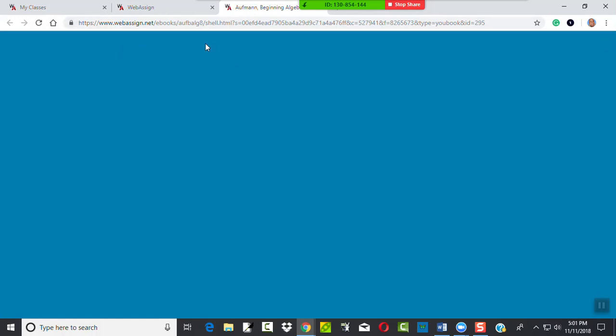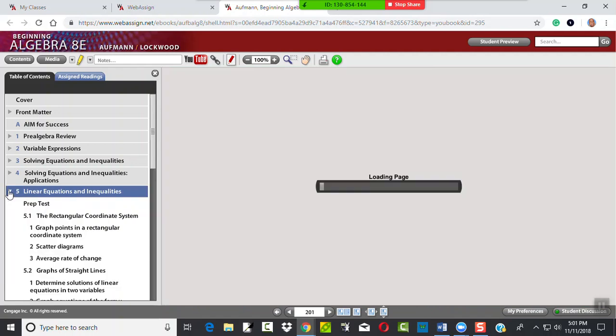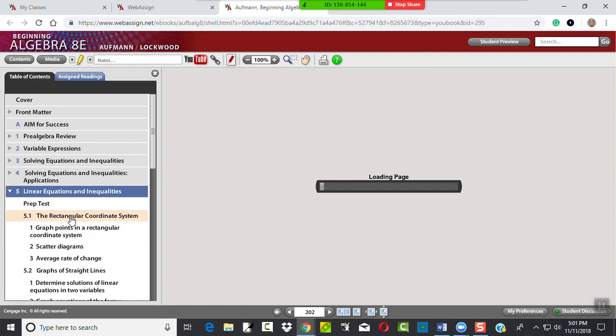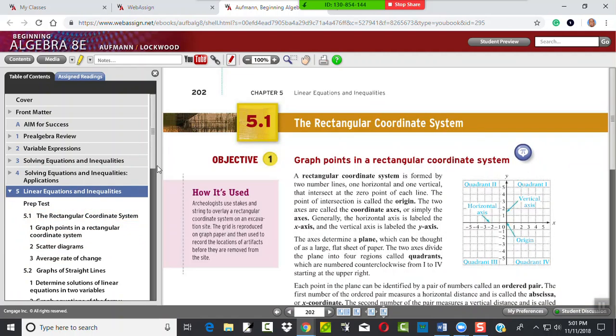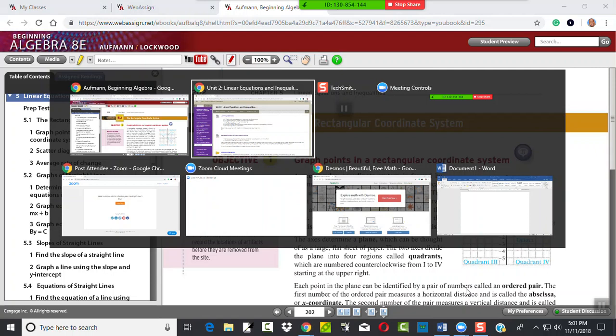And I'll reload. Okay. So, I've got that up.